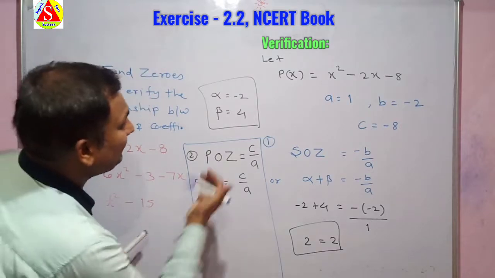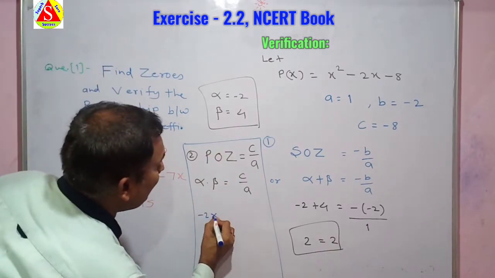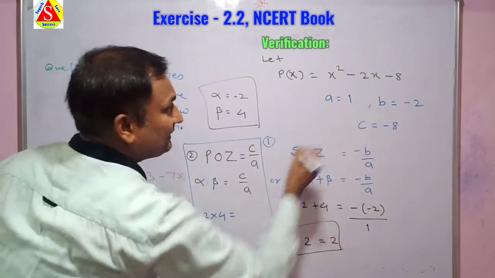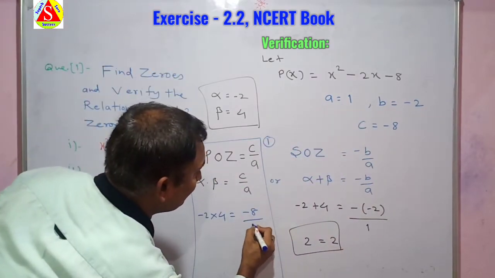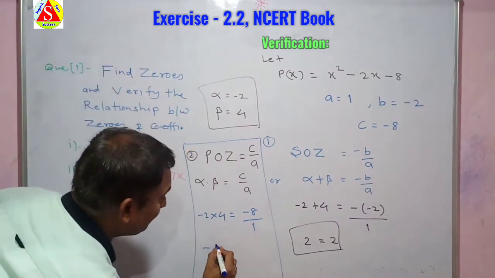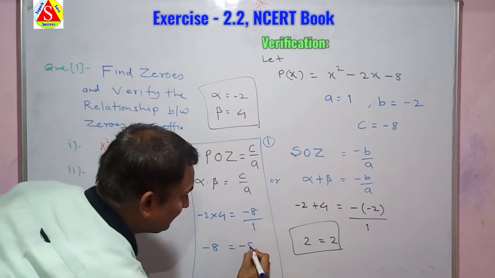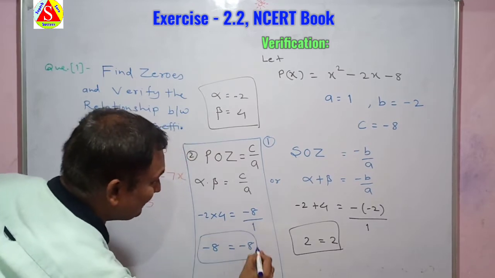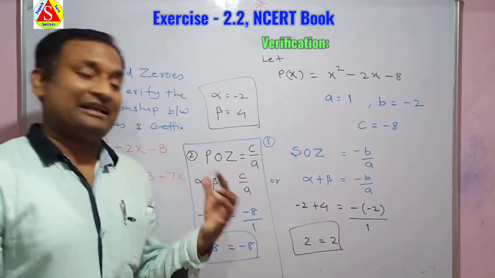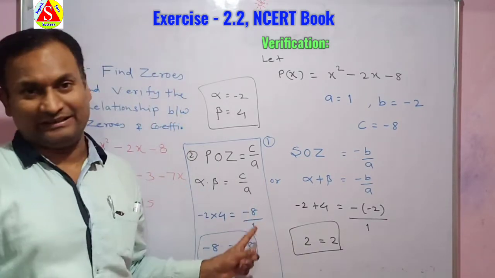Here alpha is minus 2 and beta is 4. Similarly, the value of c is minus 8 and value of a is 1. So here minus 2 into 4 we will have minus 8 is equal to minus 8. So dear students, you can see that minus 8 equals minus 8. It means again we have verified the second condition.